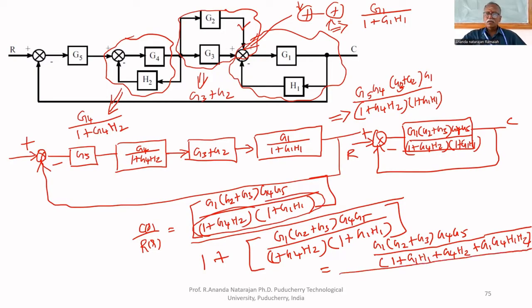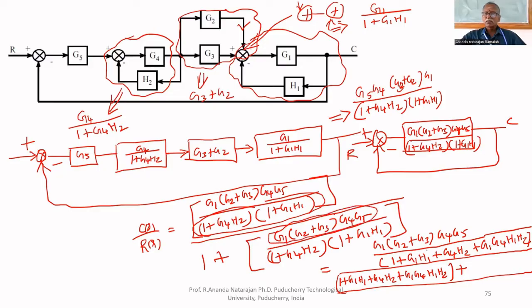Now, if you take LCM of this, what you will get? 1 plus G1H1 plus G4H2 plus G1G4H1H2. This is instead of 1, because I am taking LCM, whole divided by, plus this part we have to write.